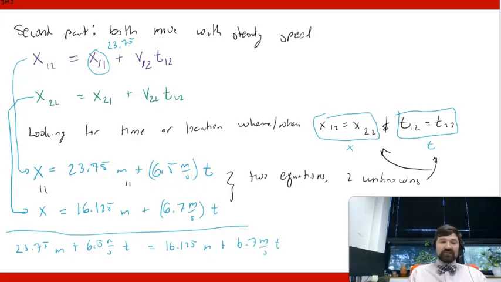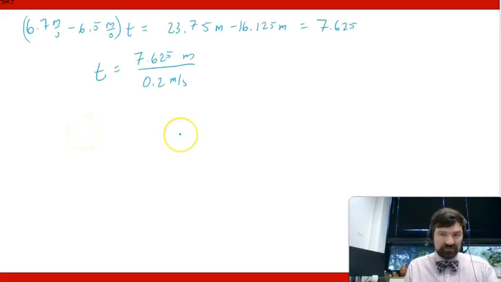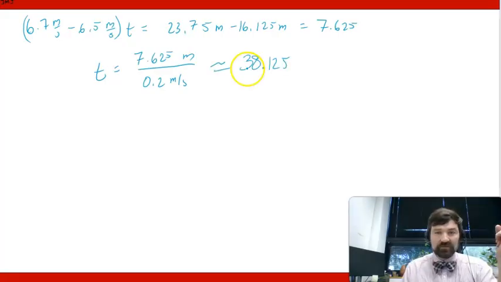Now we combine like terms and solve for time. So time ends up being 7.625 meters divided by 0.2 meters per second, which gives us about 38.125 seconds.